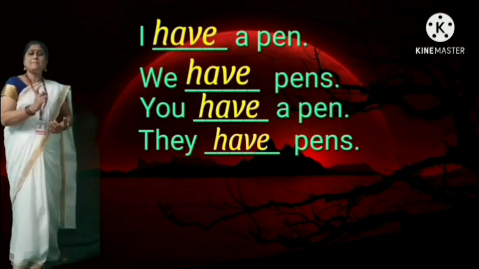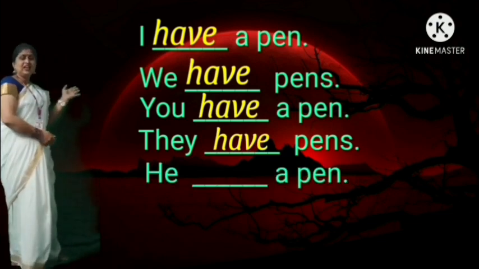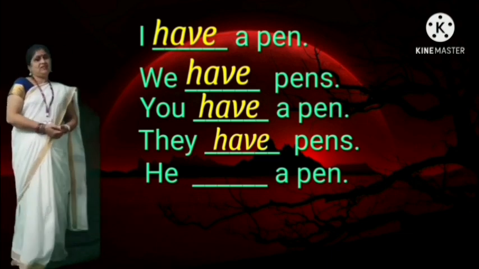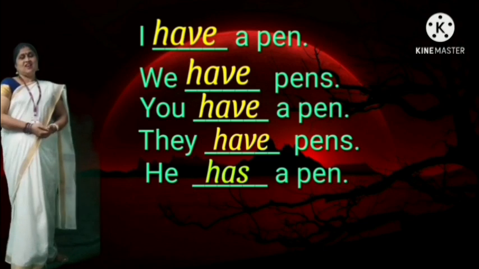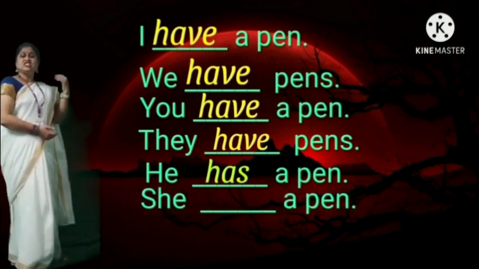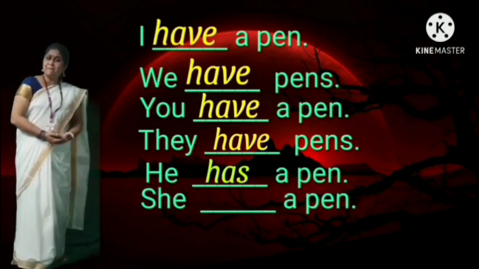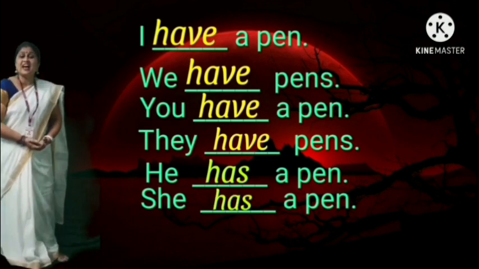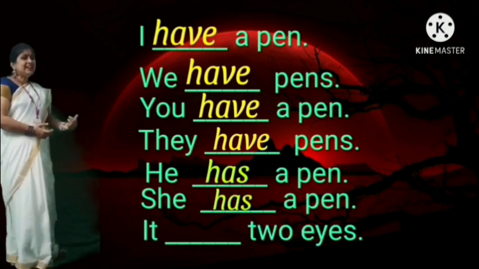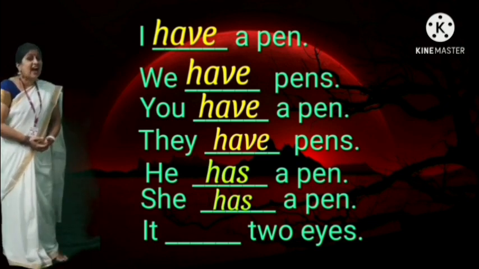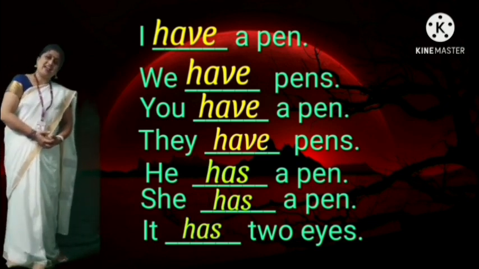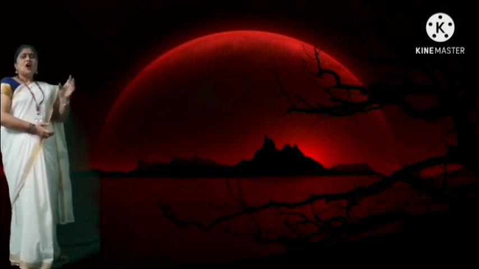They have pens. He dash a pen. He has a pen. H-A-S, has. She dash a pen. She has a pen. It dash 2 eyes. It has 2 eyes.